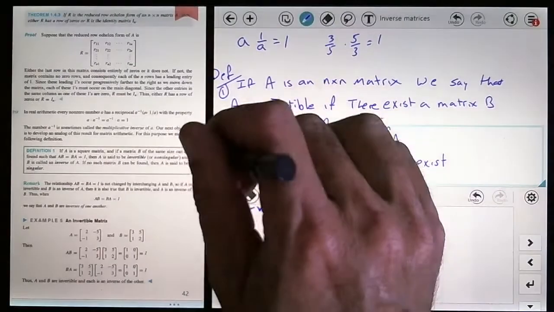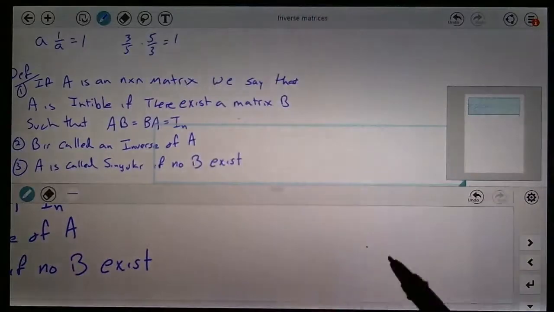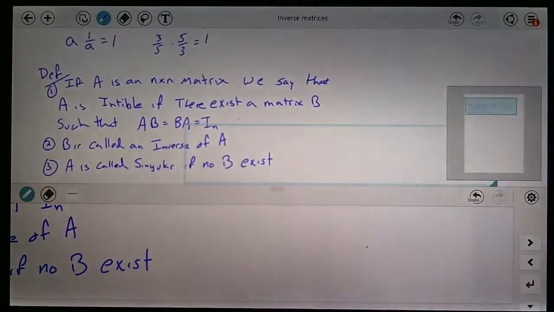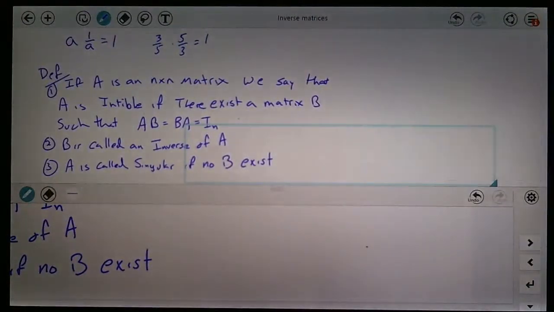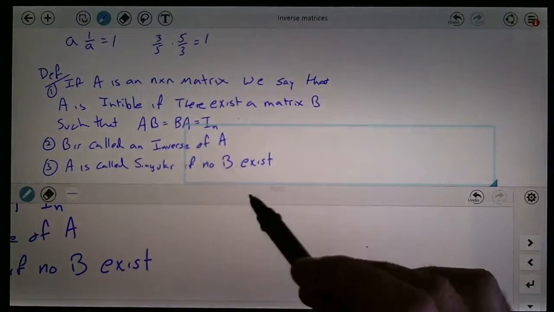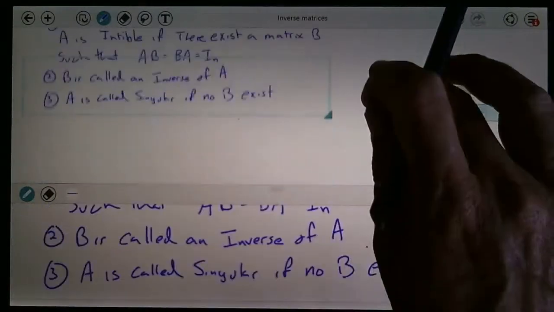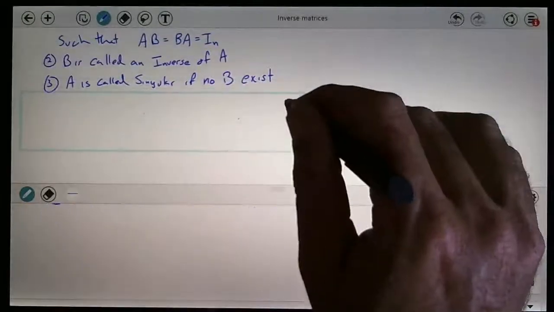We should point out that a matrix doesn't have more than one inverse. If it has one, it has only one. So let's scroll up a little bit here, and this is actually a theorem.